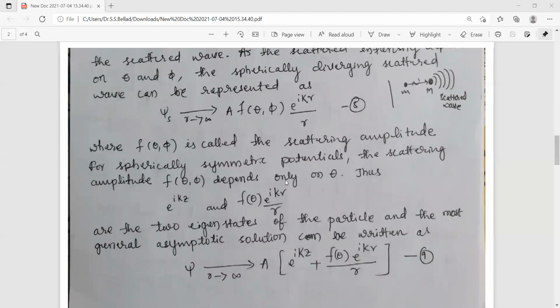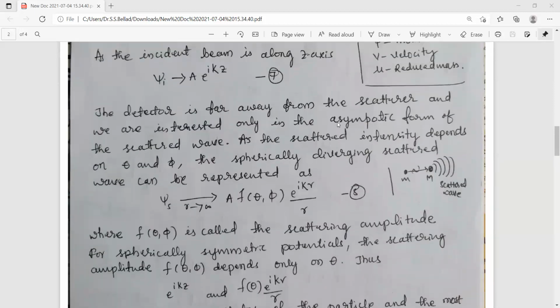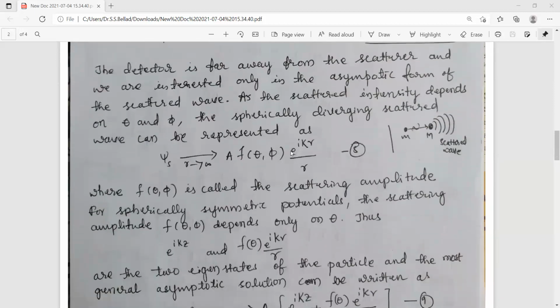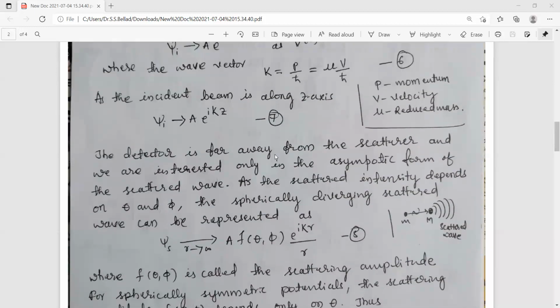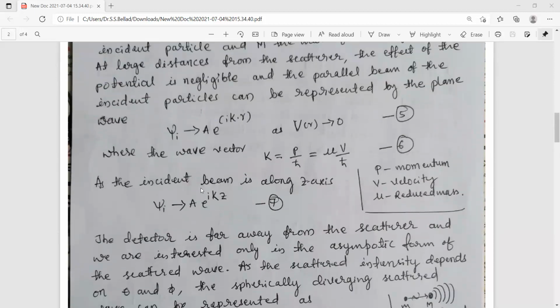because in this case, in equation 8, this is the eigenstate of the particle. That is, this is the eigenstate of the scattered particle after scattering, and this one is the eigenstate of the particle before scattering.